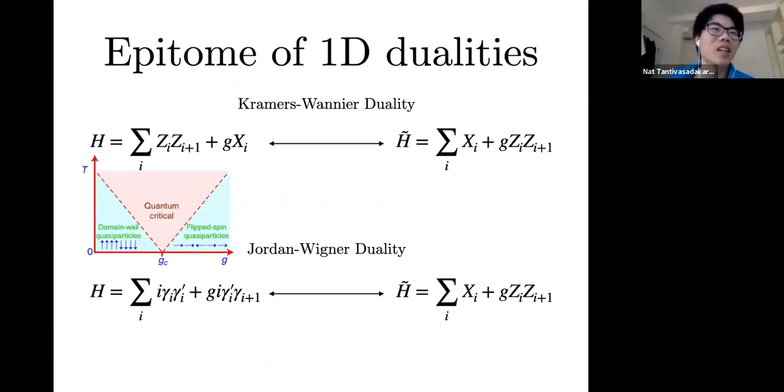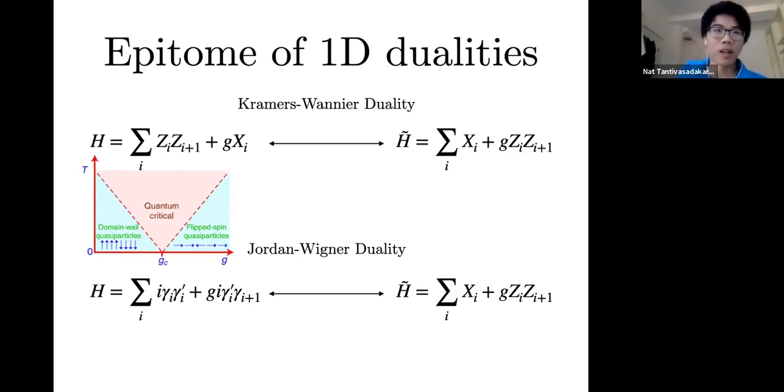There's a critical point at zero temperature: when g is really large, you have a paramagnet, and when g is small, you have a ferromagnet. In each case, the excitations are either charges, where you flip each spin, or a domain wall for the ferromagnet case.